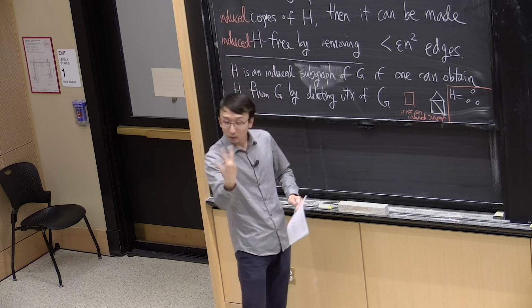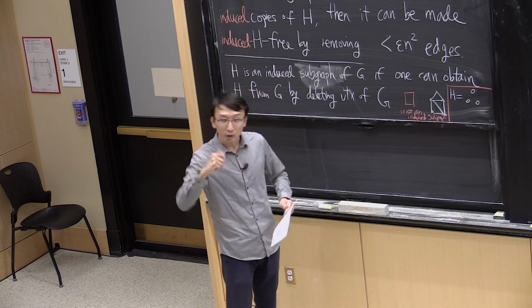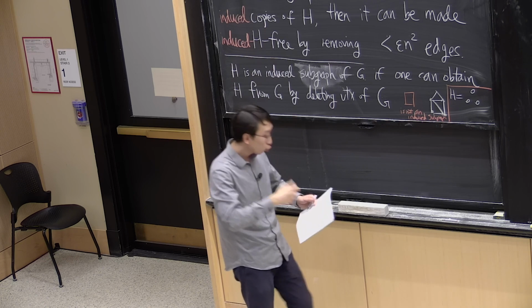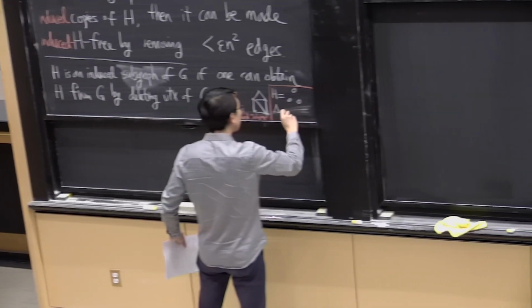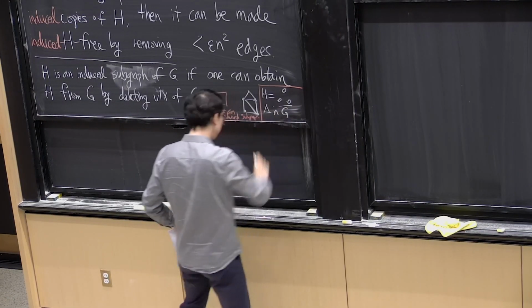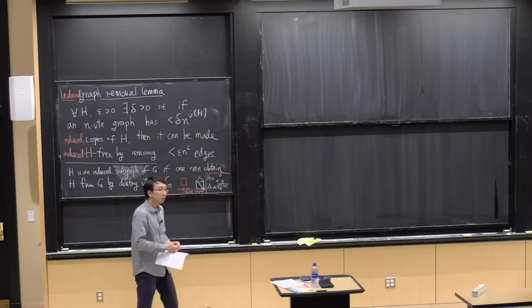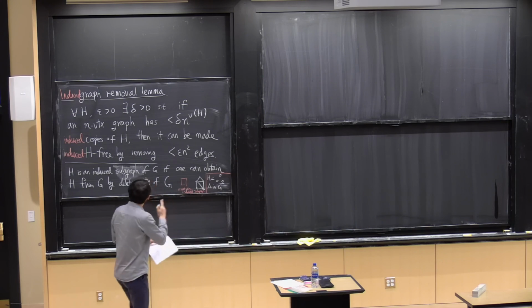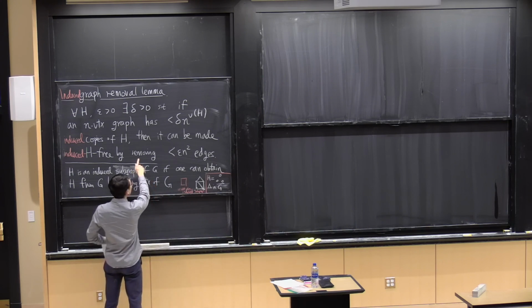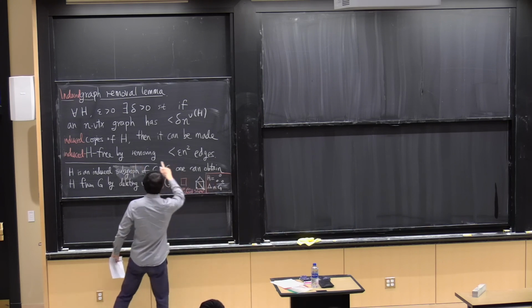We're looking at copies of H which are 3 isolated vertices. So really, you're looking at triangles in G complement. This is exactly the triangle removal lemma in the complement of G, but you can't get rid of these by removing edges.